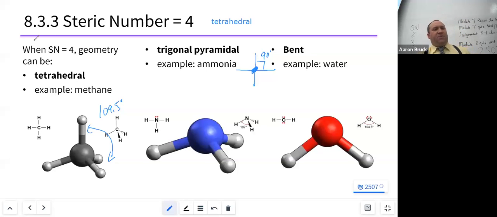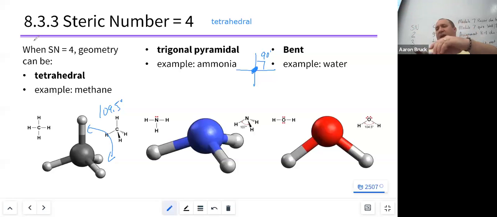Now, from this perspective, again, there are 3 different subshapes here. The first being the tetrahedral itself. If I take off one of these and put on a lone pair instead, what I get left is something called the trigonal pyramidal shape. Now, where does that come from?